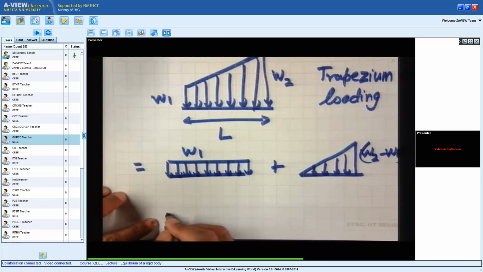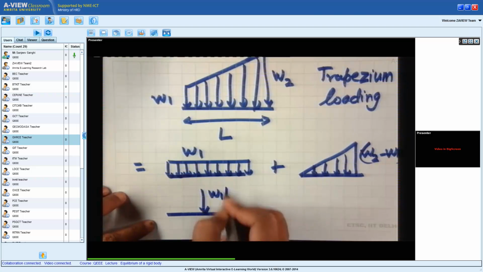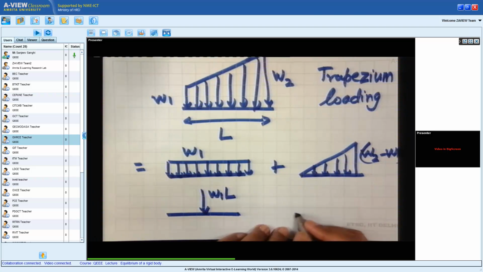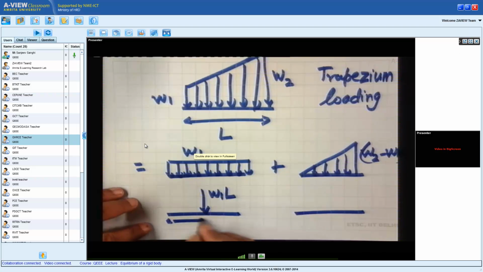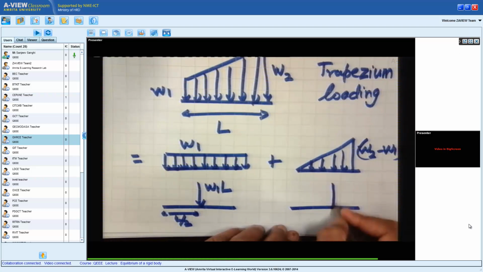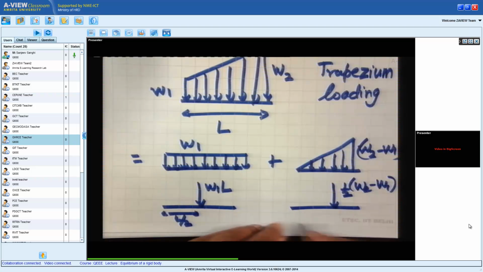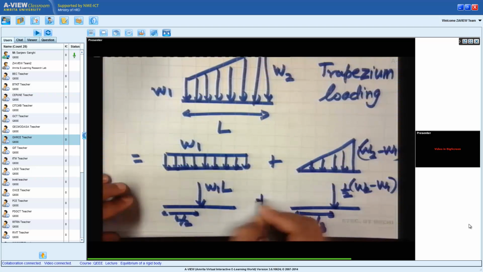Now, this loading will be W1 times L. And this loading, so this is at the center, will be half into W2 minus W1 times L at a distance of 2L/3.